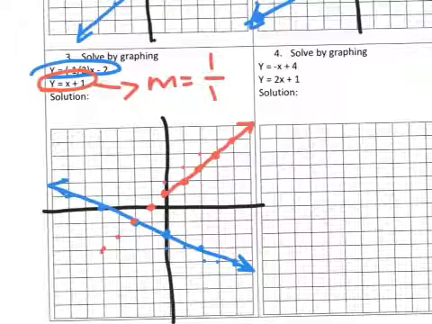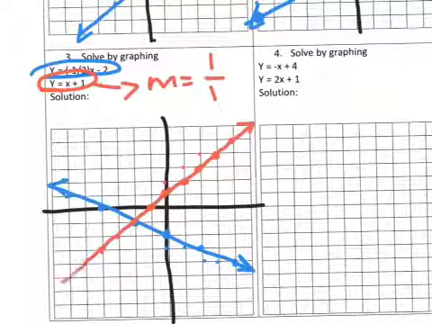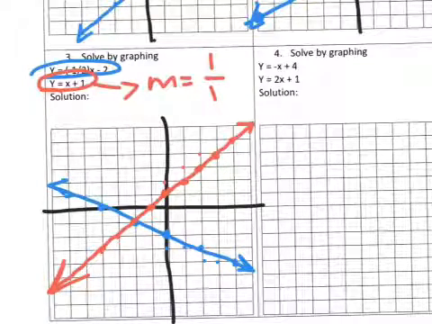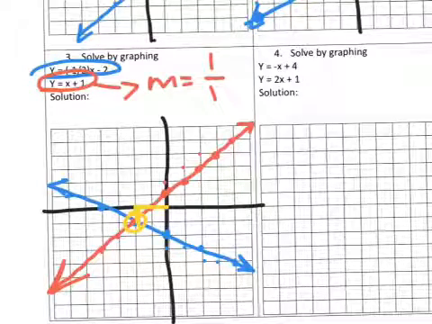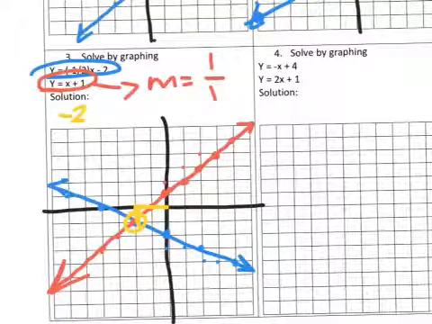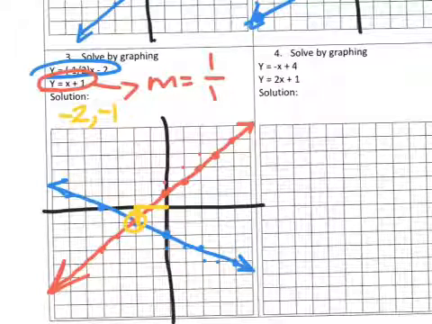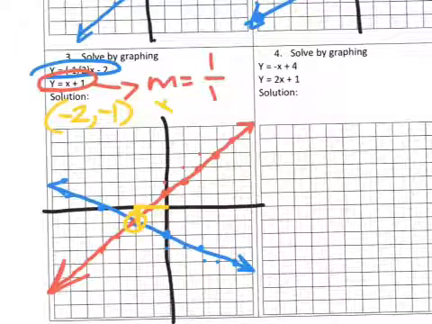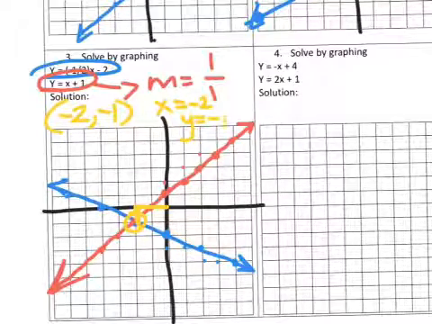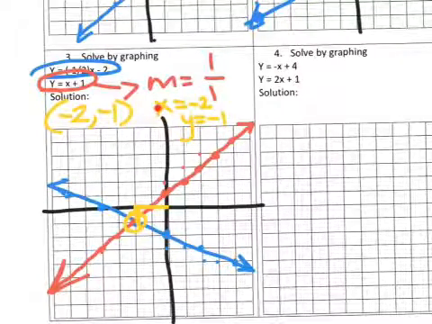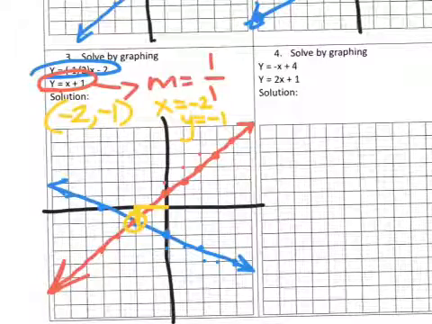Looks like they're going to cross. So continuing that pattern backwards, nice straight line. And it looks like the lines cross here. So that is -2 for x and -1 for y. We could also write x equals -2 and y equals -1. And those values, if we put them in both of these equations, it will work.